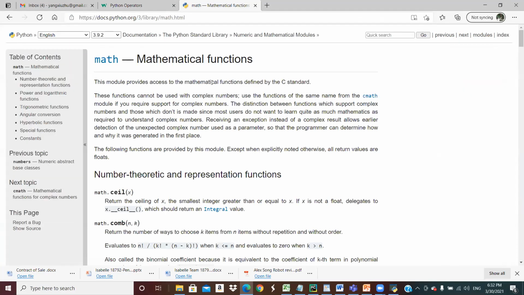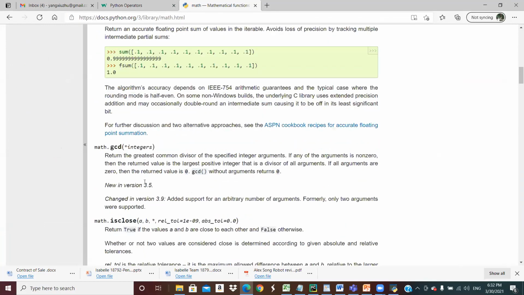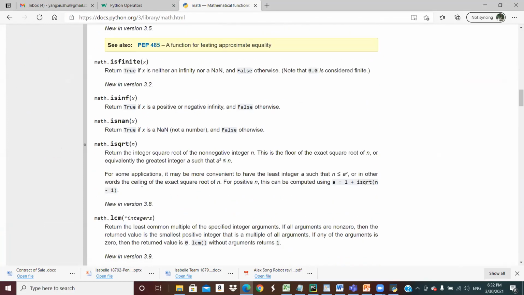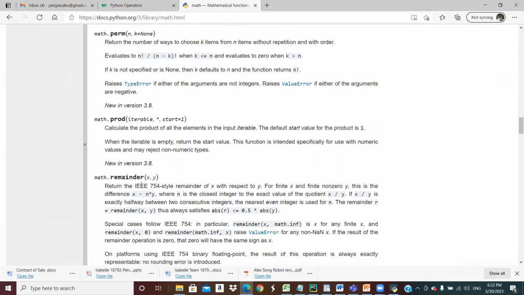This math module has a lot of functions. If you are in elementary school, you really do not need to pay much attention to it because you really do not know it. But we need to use Python to solve our math problems, right?